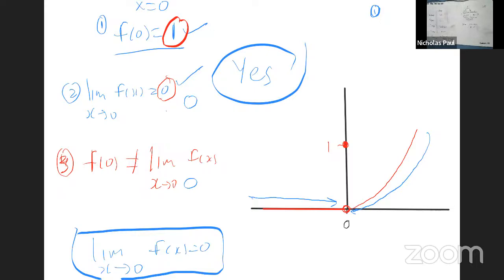So therefore, it is discontinuous. If you look here, the graph went down here, and when it reaches here, there's a missing piece, and it went across here. So a function like that is discontinuous.